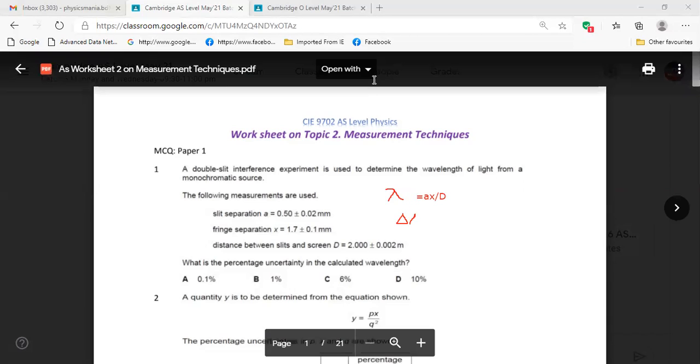So you write del lambda by lambda, then in bracket, we have del a by a, plus del x by x, plus del d by d.